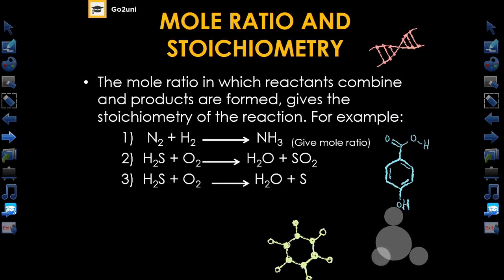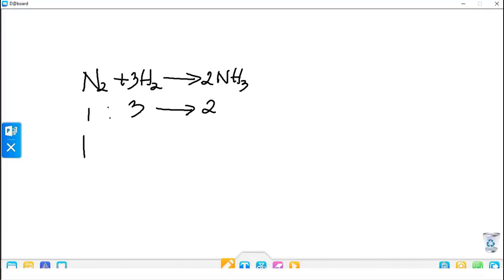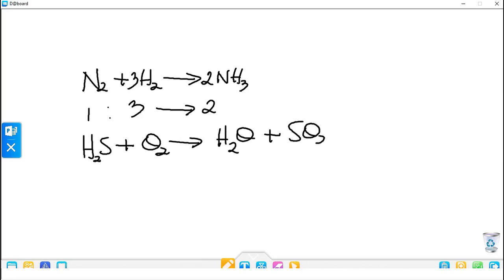We have hydrogen sulfide plus oxygen giving us water plus sulfur dioxide. To balance it, we put 2 in front of hydrogen sulfide, 3 in front of oxygen, and 2 in front of sulfur dioxide.